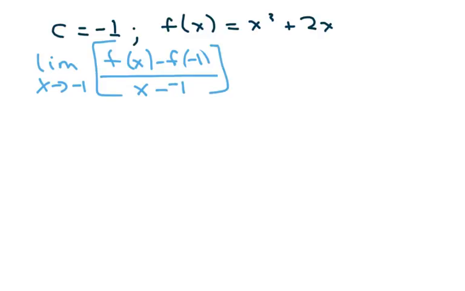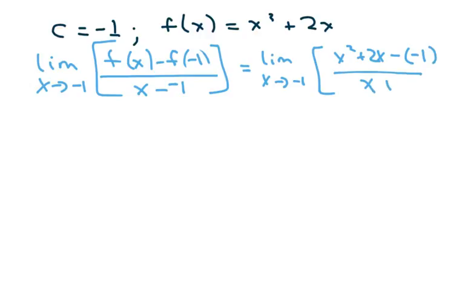Okay, and that's going to give us the limit as x approaches negative 1, and I'm just going to plug in my x. So this is x squared plus 2x minus negative 1, because when you plug in your negative 1, that gives you that over x plus 2 x plus 1, sorry.